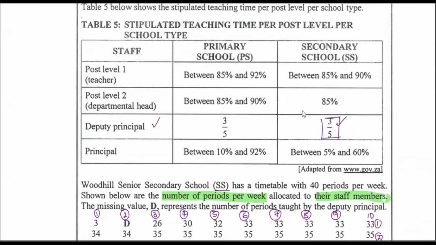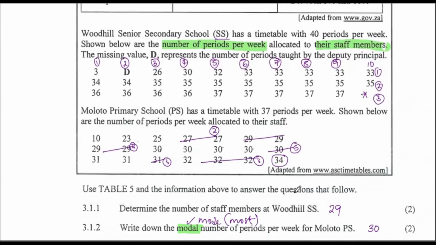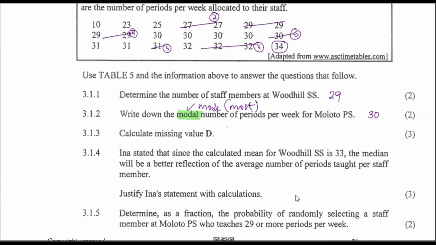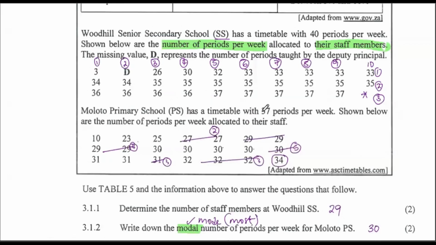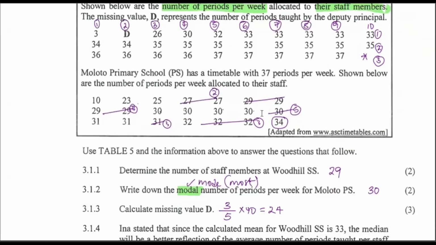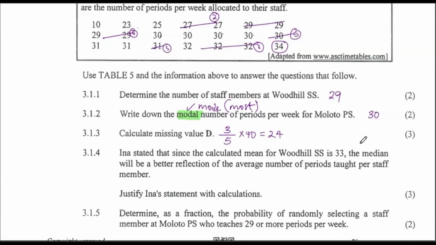So of the 40 periods per week, the deputy principal will take 3 out of 5 times 40. And the answer becomes 24. All right, there we go.